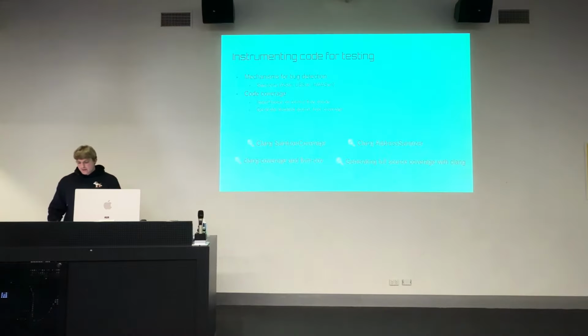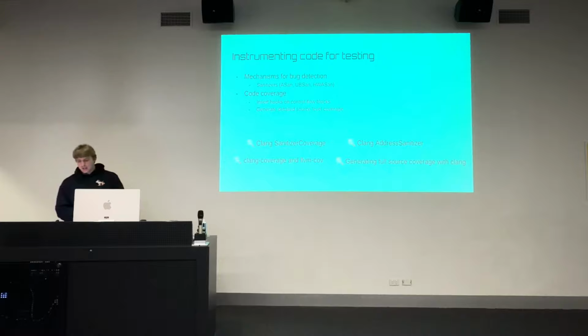All right, very nearly done. So another really great advantage that we get when we have access to the source code of a target is the degree to which you get to instrument it for the sake of detecting bugs during manual and automated testing.